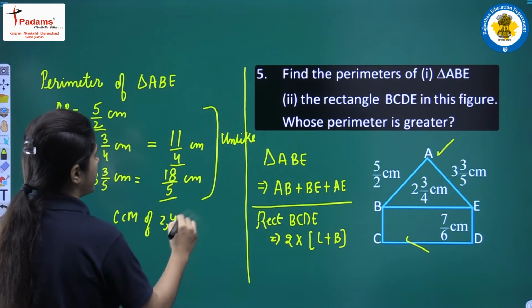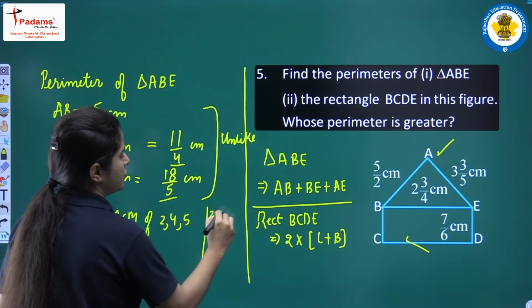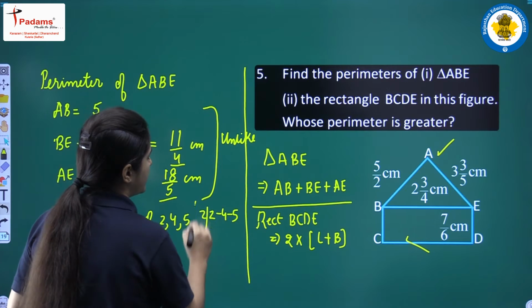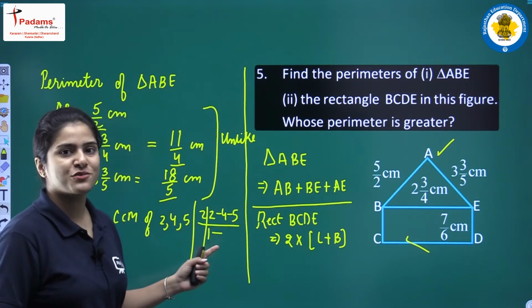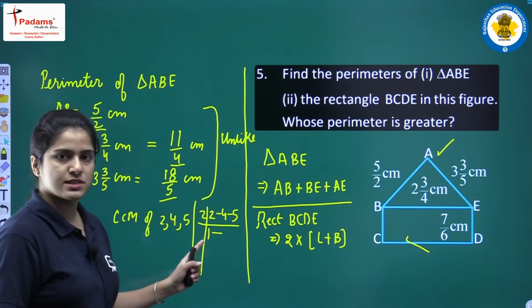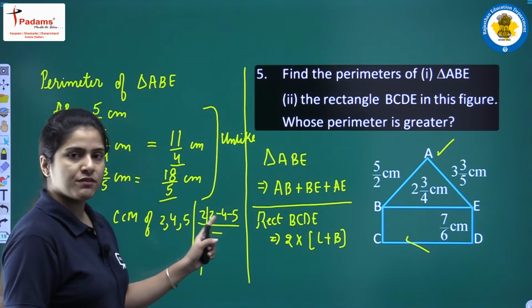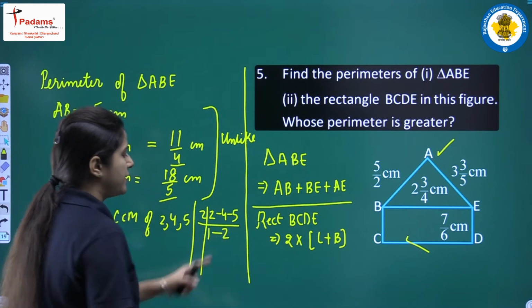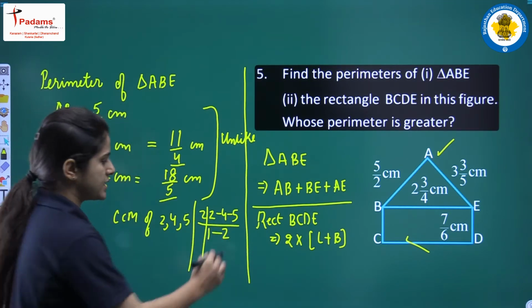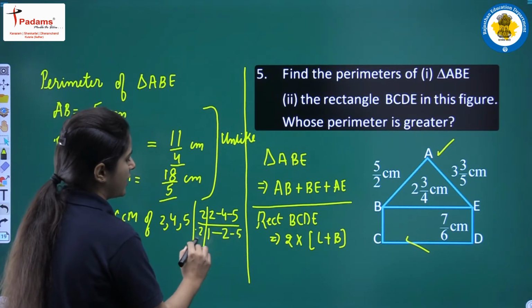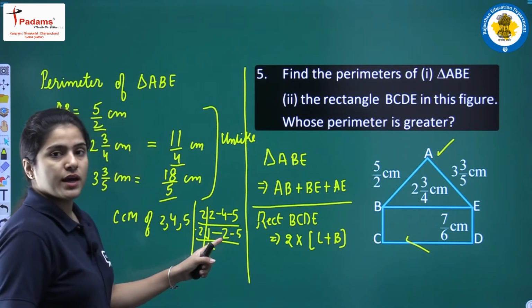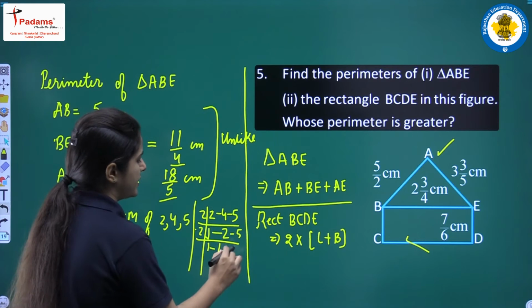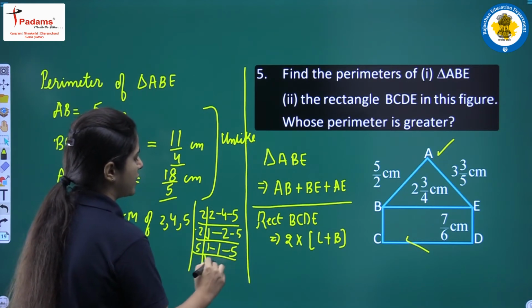Taking the LCM of 2, 4 and 5: 2 into 2, 1. 2 divided by 2 is 1, 4 divided by 2 is 2 and 5 is not divisible by 2, so it stays 5. Now 2 into 1 is equal to 2, then 5, then 1, 1, 1.